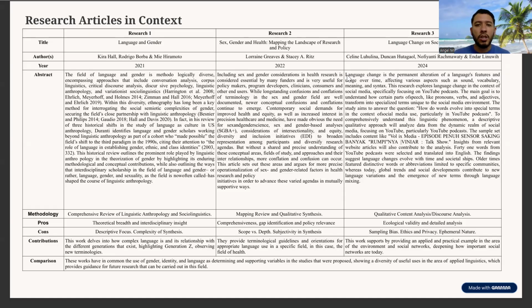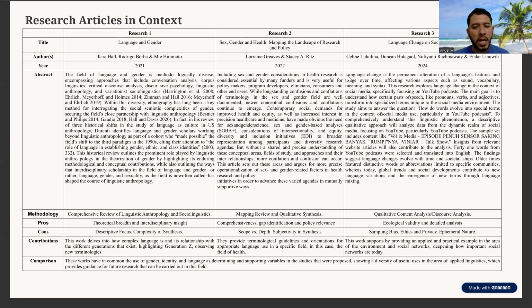Including sex and gender considerations in health research is considered essential by many funders and is very useful for policymakers, program developers, clinicians, consumers, and other end users. The methodology of this research was a mapping review and qualitative synthesis.